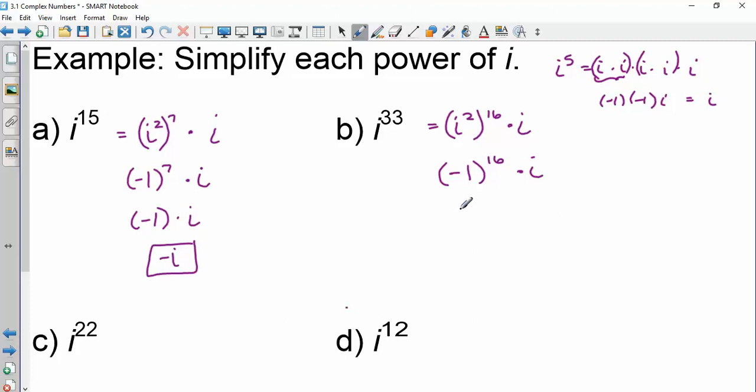What is negative 1 to the 16th power? When you use the calculator, put the negative 1 in parentheses. Since it's an even power, it should turn out to be a positive 1. So then we have 1 times i, which is i.